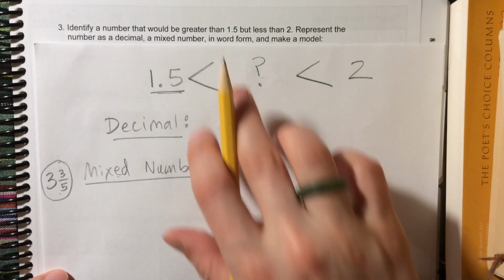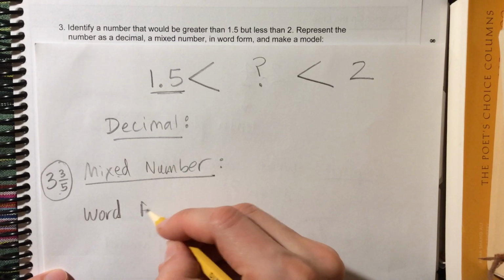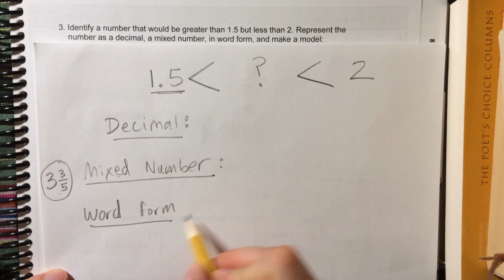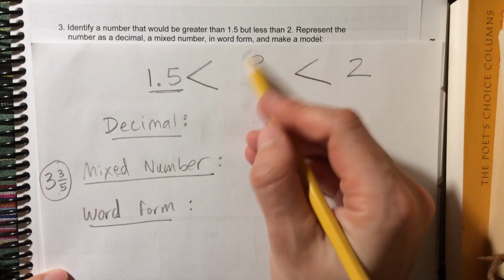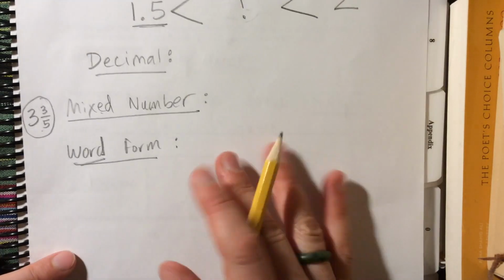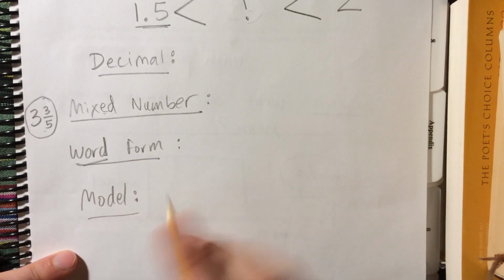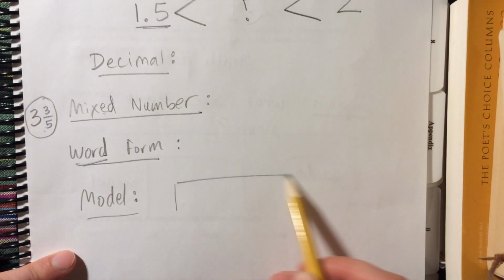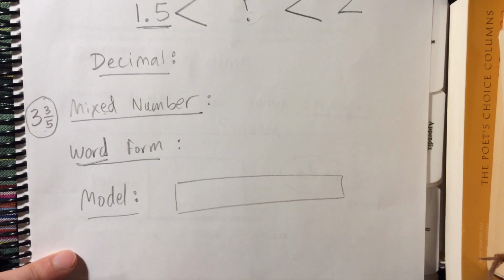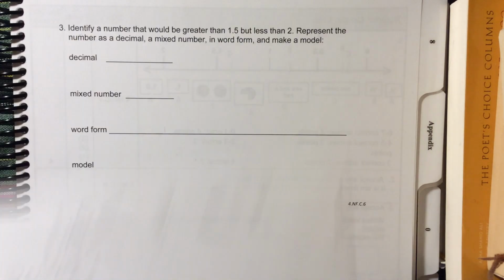And then this one, word form. So, las palabras. So how can you write this in words? And finally, it is asking for a model. Okay, so how can you draw this? How can you draw it? Okay? And let's look at the last one.